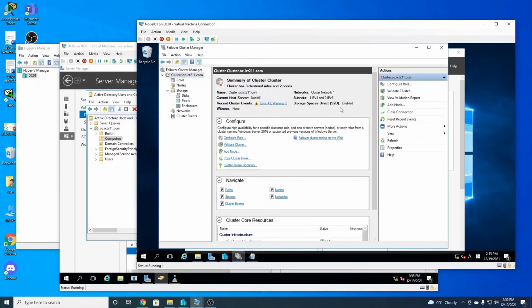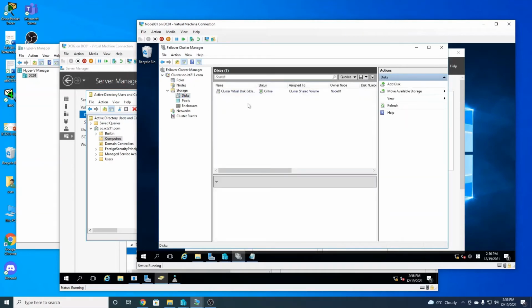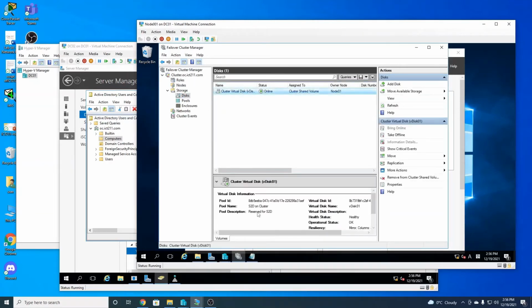So this is the cluster manager. Let's look at the nodes. So node 1 and node 2 are connected for failover cluster, and I have a disk. This is a file server.